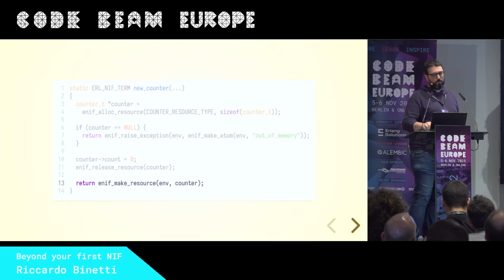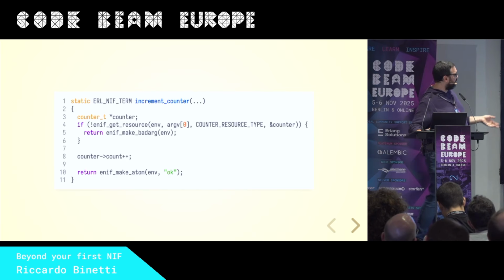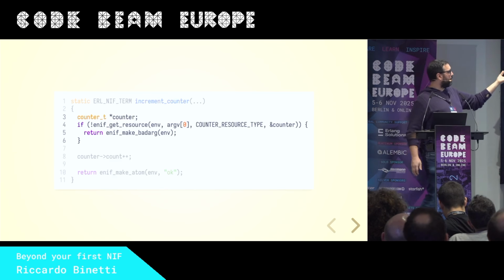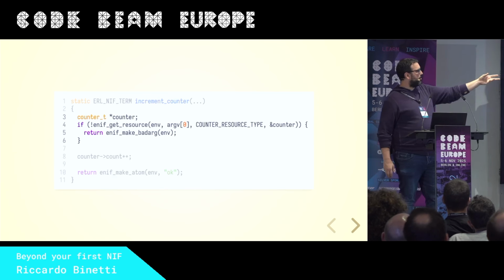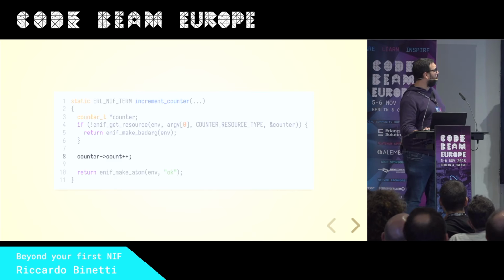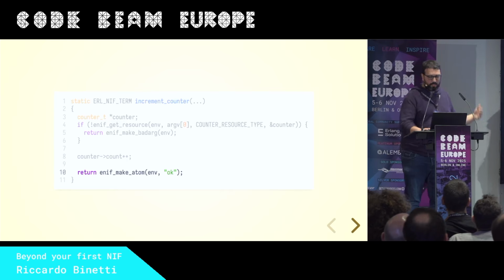When we pass back the reference into our NIF, we can basically extract a pointer to the counter struct from argv[0], which is the reference that we passed into the NIF. We can increase the count, and we just then return OK.